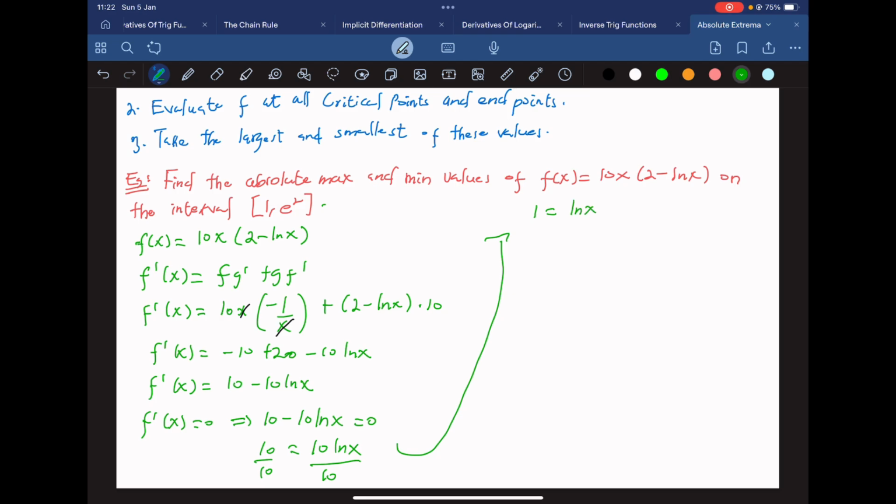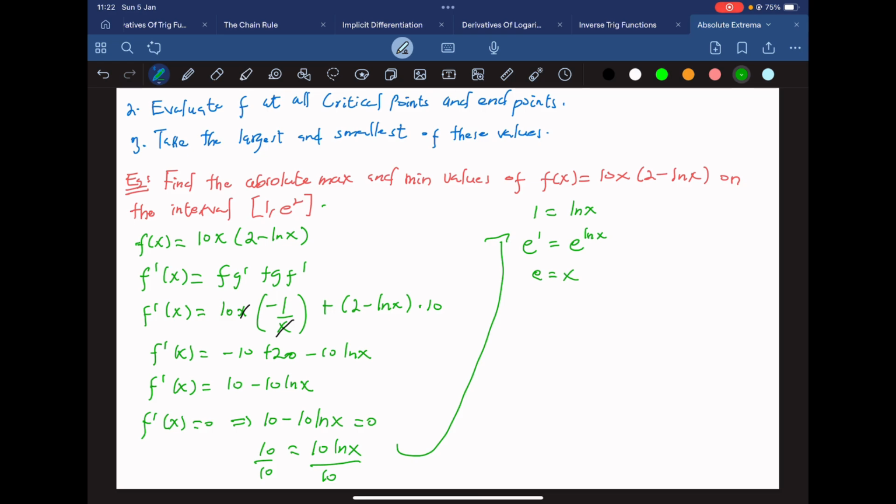Remember, to find x, you have to introduce the inverse of the natural logarithm, which is the exponential. So you introduce the exponential on both sides, so you just have e to the ln of x equals e to the 1. In this case, e to the 1 is e, and e and ln are inverses of each other, so e cancels ln and you just have x.